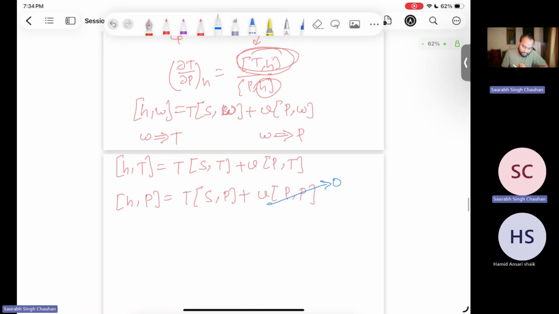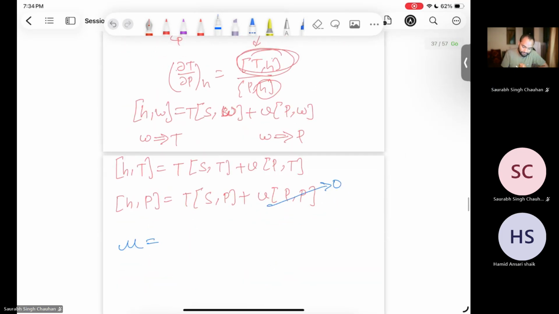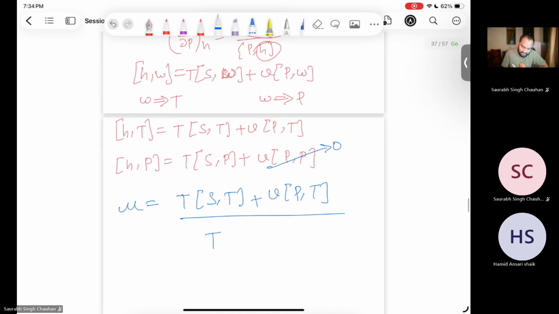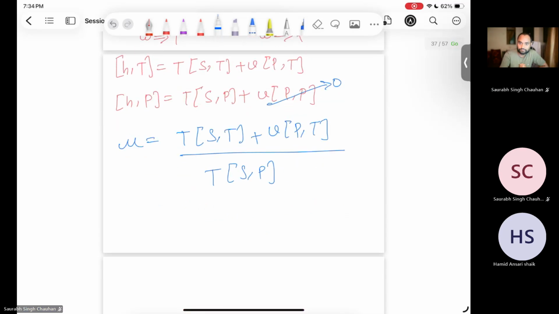So now this Joule-Thomson coefficient will become T comma H. So what is T comma H? It is T S comma T plus V P comma T, divided by T S comma P. And you can write it one by one as well. For the first term, T S comma T, the T will cancel out.